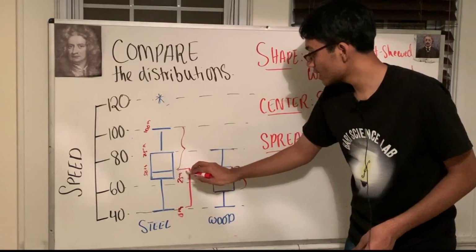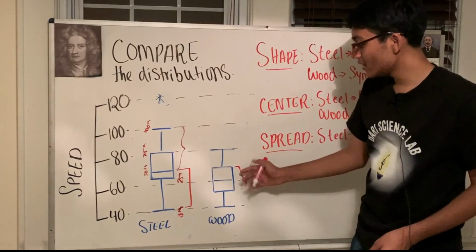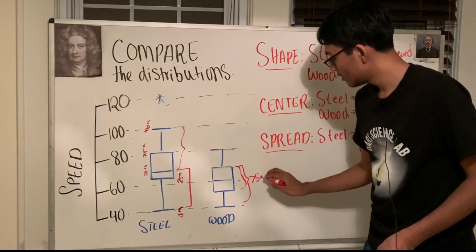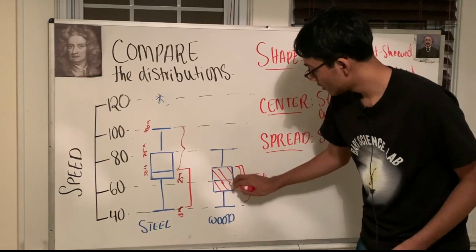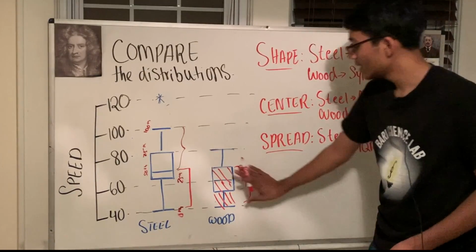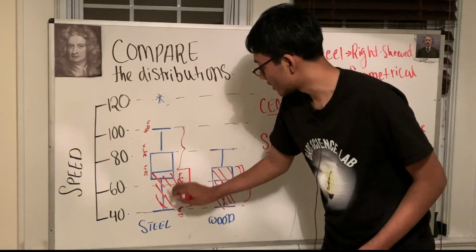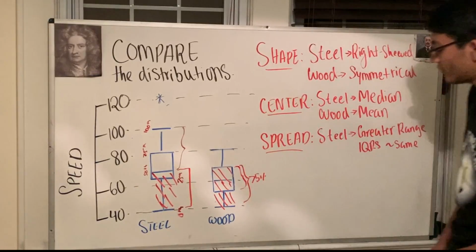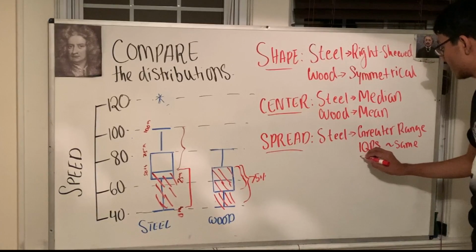Let me shade it in. This right here is 50%, this is an additional 25%, that's 75%, and this over here is 50%. So 50% of steel roller coasters are faster than 75% of wooden roller coasters. That's worth taking note of.